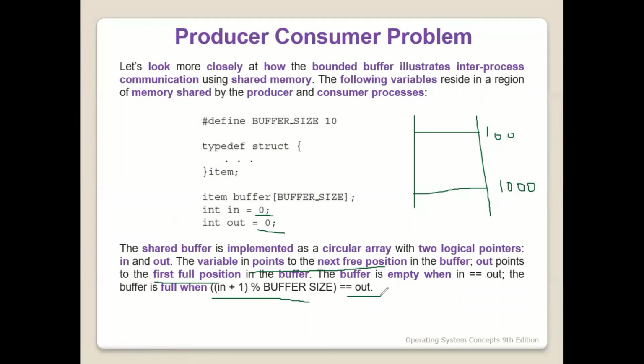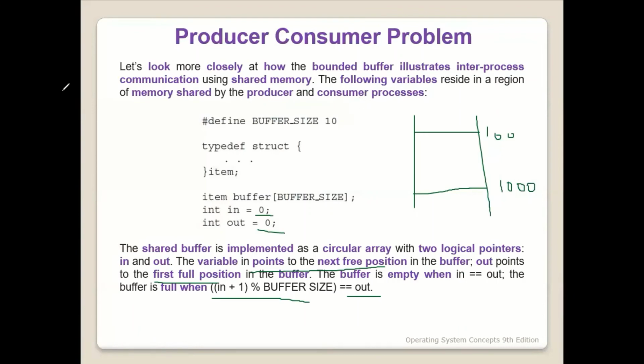In this case, the producer has to wait because it can't write anything. There is no free space in the buffer. Just understand that they have a technique and use some variables to identify whether it is full or empty.